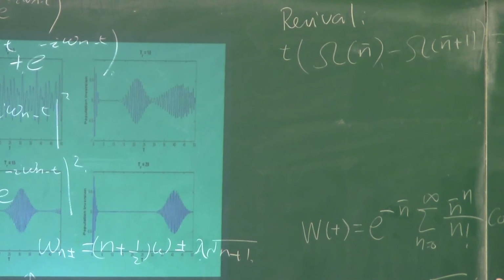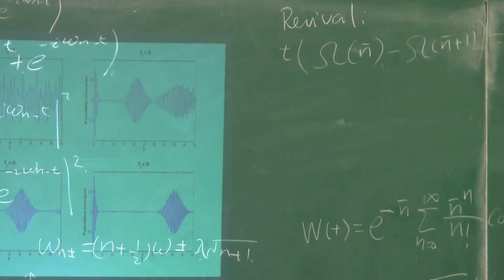Remember that the significant thing here is, although in the classical case, if we consider the field to be a classical quantity, we get Rabi oscillation, the fully quantized theory tells you that you do not get Rabi oscillation even when using a coherent state to mimic a classical field.